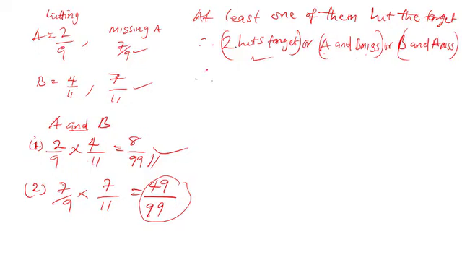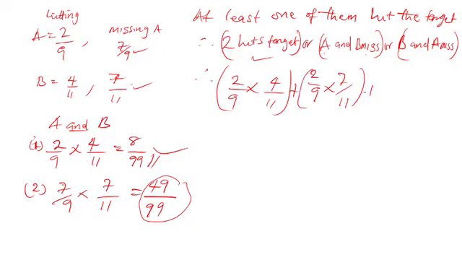Now what's the probability? Probability of both hitting the target is A hitting, 2 over 9, times B hitting the target, 4 over 11. Or, plus, A hitting the target, 2 over 9, times B missing, 7 over 11. Remember, this is the probability of B missing. Or, plus, B hitting the target, 4 over 11, and A missing the target, 7 over 9.